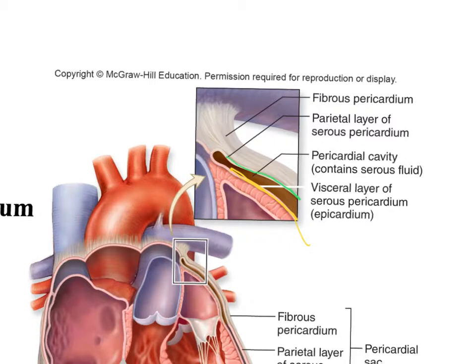And what do you think is between those two layers, those two serous layers of the pericardium? Fluid. Okay? Pericardial fluid. It contains serous fluid. That's a good thing. It reduces friction, right? But it could also be a problematic thing, because sometimes the fluid is produced within that finite space of the fibrous pericardium and produces too much pressure on the heart.